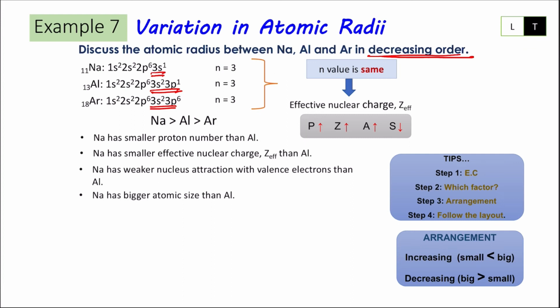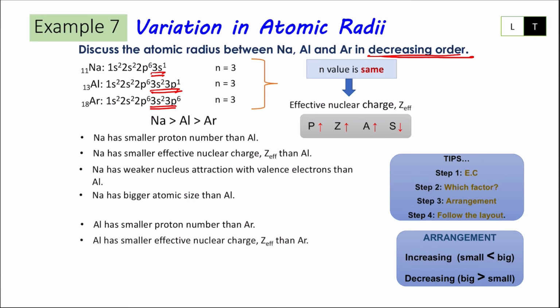However, you are still not complete yet because you have to explain for variation between Al and Ar. So I'm going to continue my second paragraph. So we can write the first point is Al has smaller proton number than Ar. So Al has smaller effective nuclear charge than argon. So aluminium has weaker nucleus attraction with valence electron than Ar.